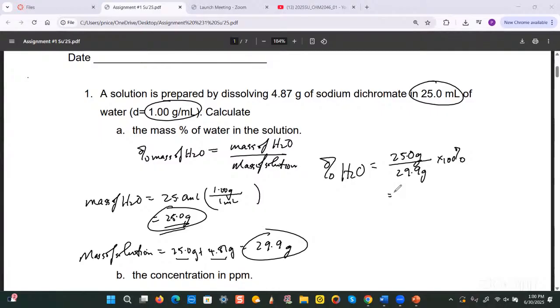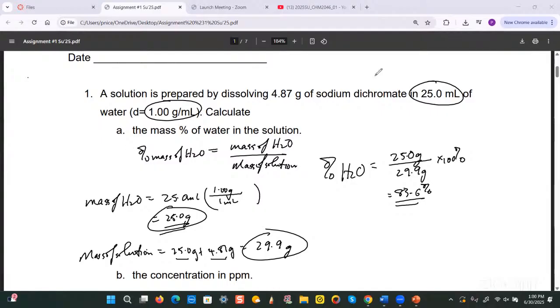So that would be 83.6%. 83.6%. Okay, any questions about this? Any questions? No questions? All right.